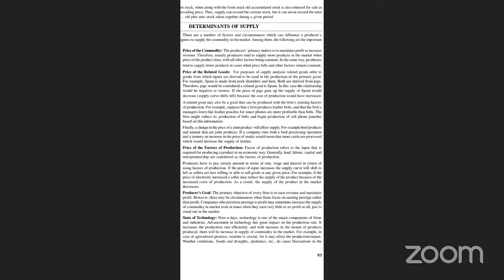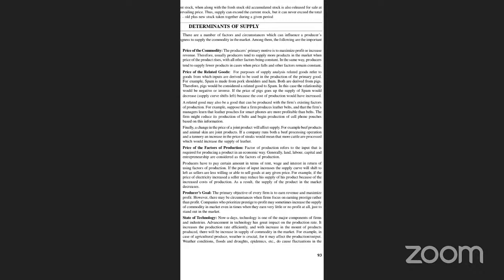Next is price of related goods. Related goods here are of categories like substitutes and complementaries. If any related good's price is increasing or decreasing, we have seen how demand is impacted. Similarly with supply. When the price increases, the demand is lowered, then definitely supply also will be lowered.